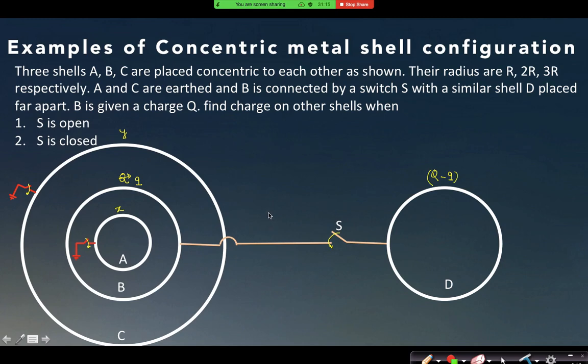Yes or no? Yes, sir. So now we actually have three unknowns, X, Y and q. So two equations I can again form by making VA equal to 0 and by making VC equal to 0. Another equation I can form by equating VB equal to VD. Now what is the potential of the shell D? Can you tell me?